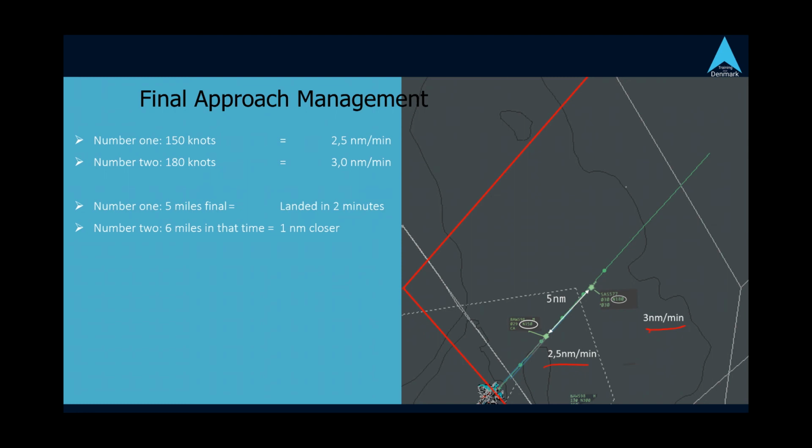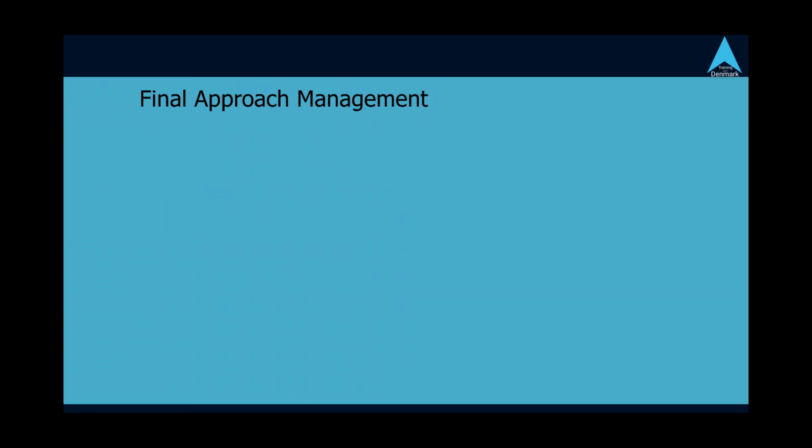So that means just here, with a whole 30 knots of difference in speed, with one on 5 mile final and one on a 9 mile final, he's only got to catch up 1 nautical mile by the time they both land, and that is plenty of separation. 5 miles becomes 4 miles once the preceding one lands. That's pretty easy.